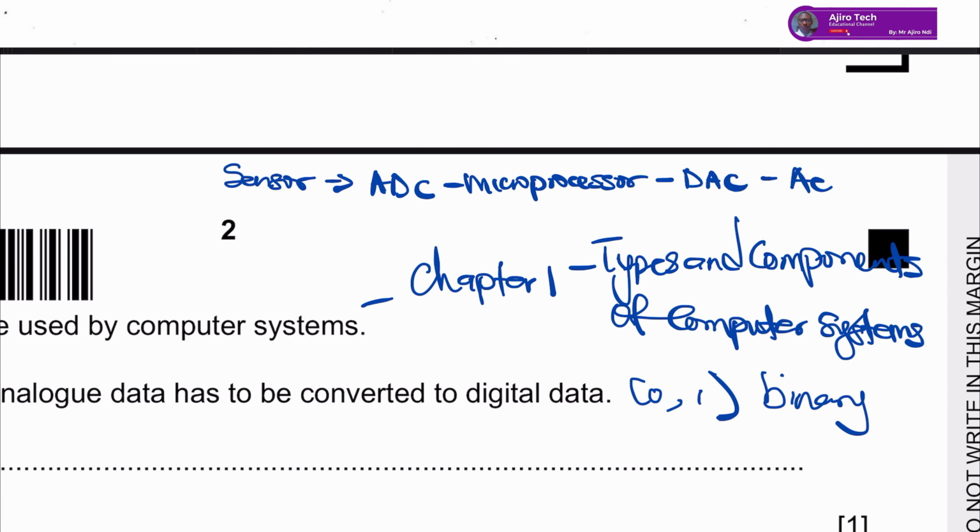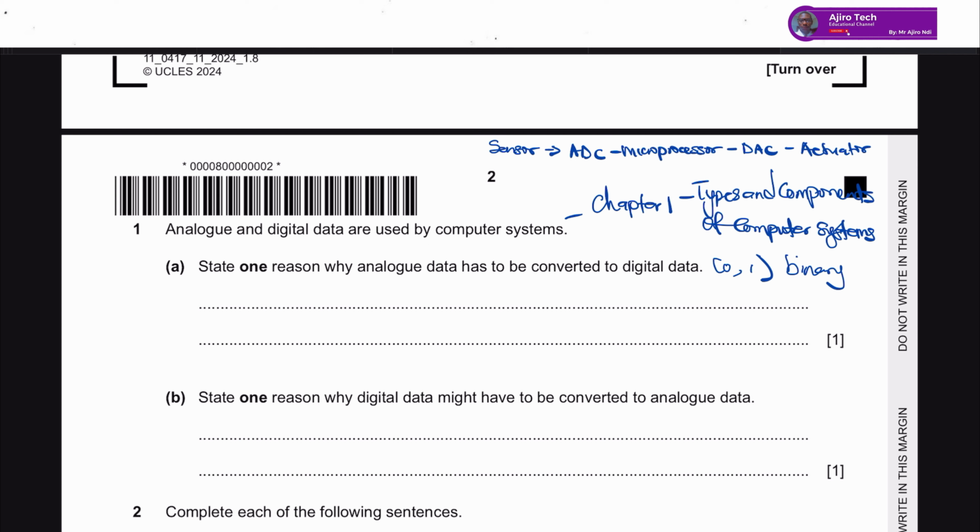So this is the whole process it goes through. This is very important. So here, so that it can be processed by a computer.